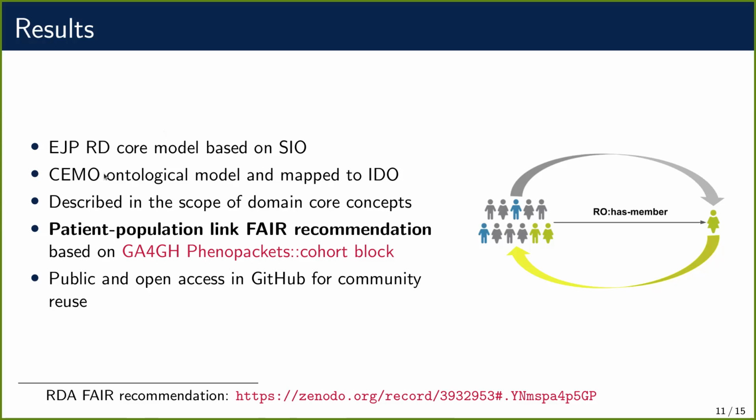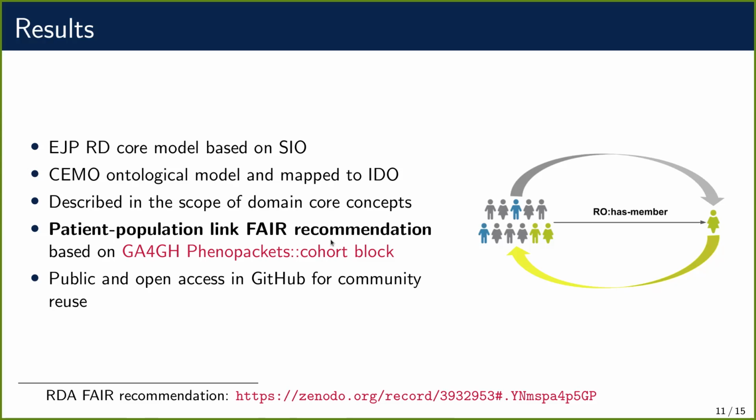Also to highlight that with this ontological model, what we did was extend the Infectious Disease Ontology, and we mapped all these terms and relationships to OBO terms into IDO. So we described these epidemic measurements in the scope of the main core concepts, as I mentioned before, using these action patterns. And importantly, following a third recommendation, we added a link, an object property, to link patient and population.